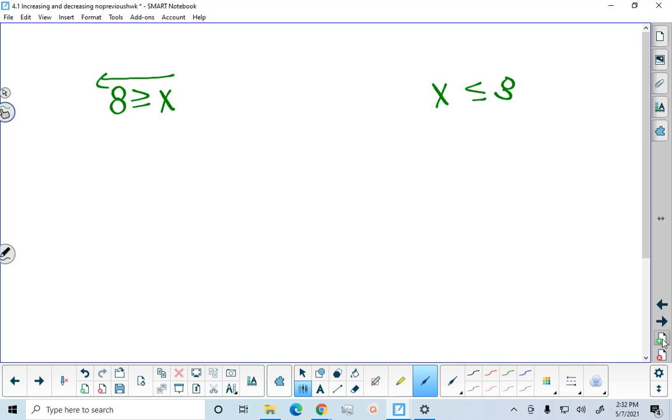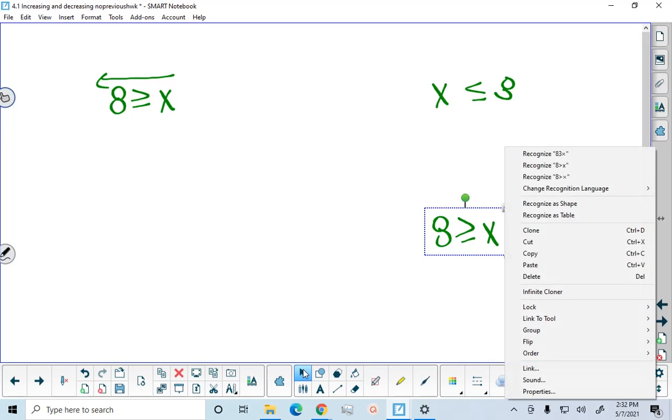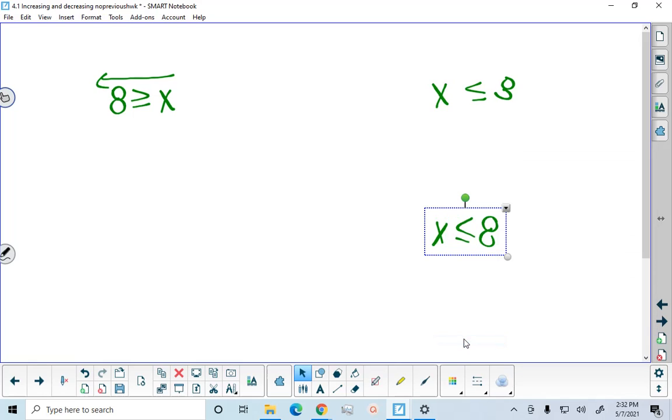The other thing you can do, of course, is flip that inequality sign over. I can reflect it. I can reflect it on the smartboard, but you can reflect it in your mind. I'm going to flip it horizontally. And I chose the number 8 because when you reflect the number 8, it still looks like an 8.